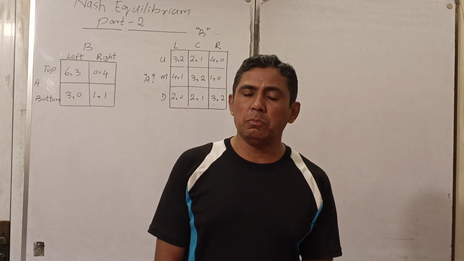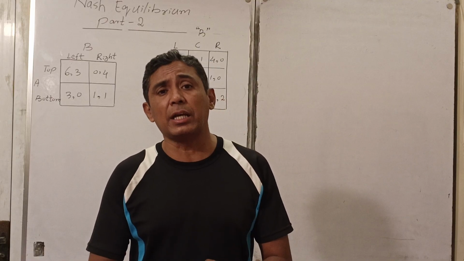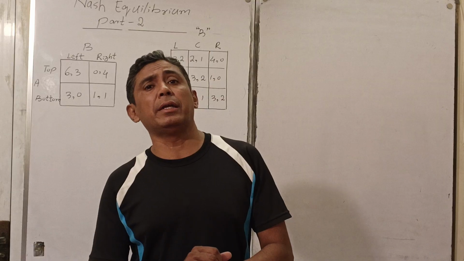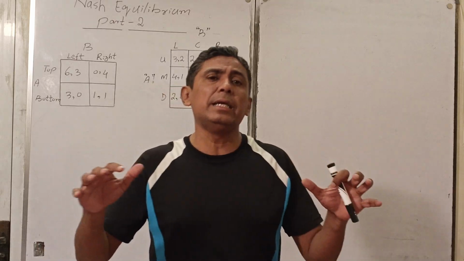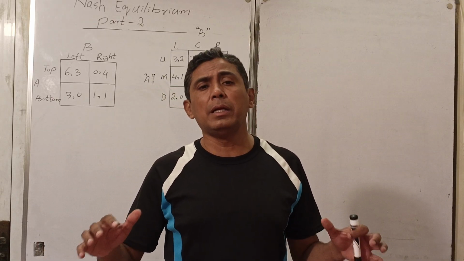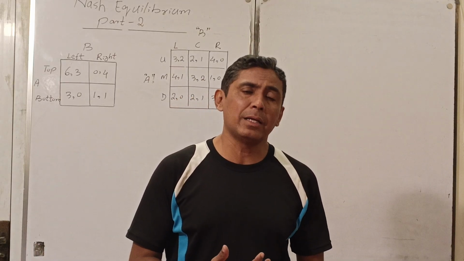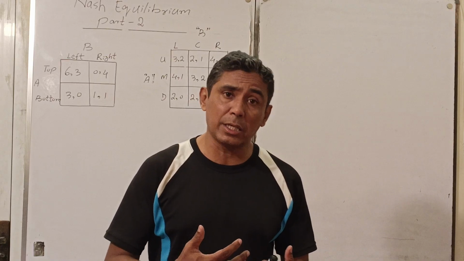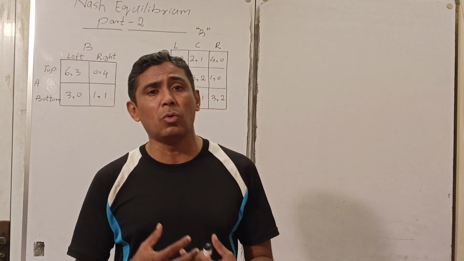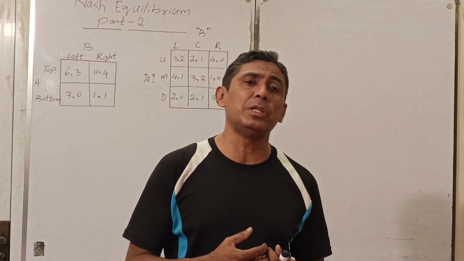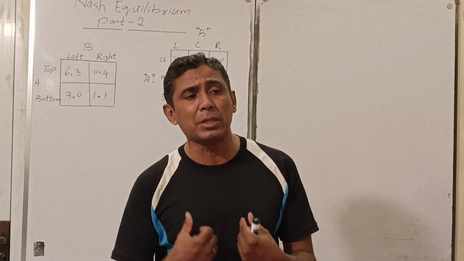And today, first of all, we have to be clear about what basically the Nash equilibrium is and how you can find it. Here the Nash equilibrium is basically a stability analysis. What kind of stability analysis? If you have two players in a market, or any kind of strategic environment, they are playing their own strategy given the other player's strategy, and this is a kind of simultaneous move game.